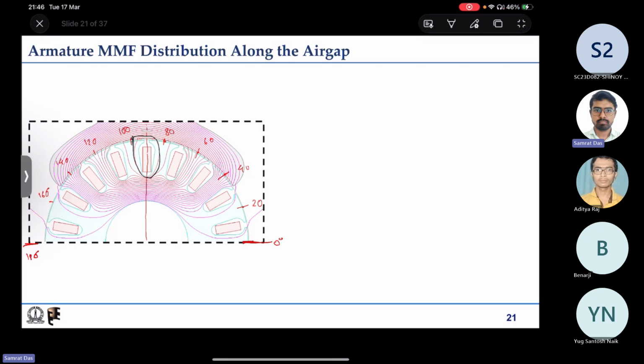That is I. Now if this is MMF I, then half the MMF gets dropped on one side and the other half gets dropped on the other side. Now if you consider it to be dot, then the flux line direction will be anti-clockwise. So on the right side it will be going up and on the left side it is going down.